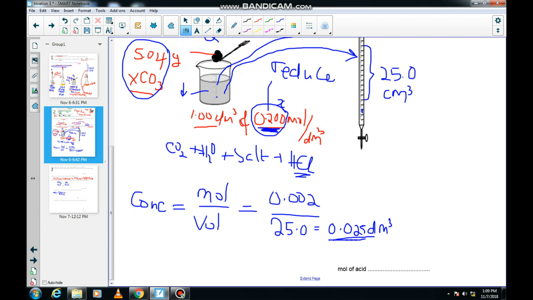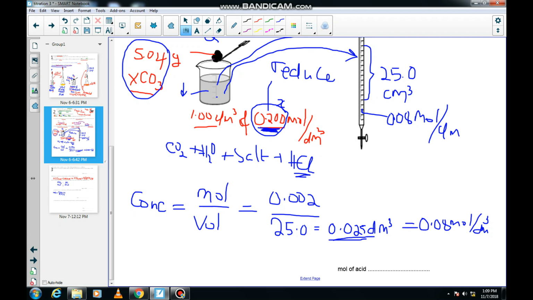And when we do simple mathematics, the answer that we get for this concentration will be 0.08 moles per decimeter cubed. This is the concentration of the solution in the burette, 0.08 moles per decimeter cubed.